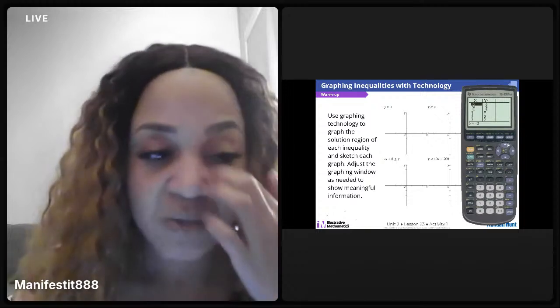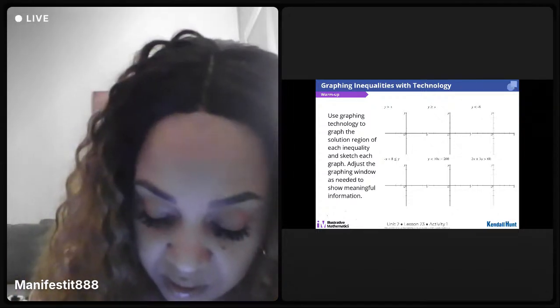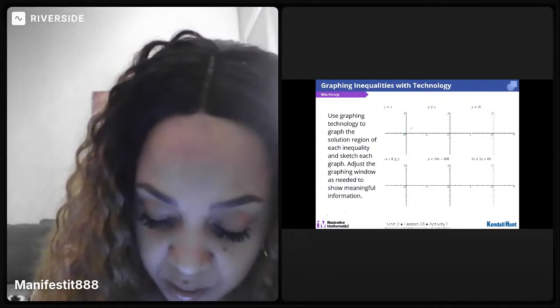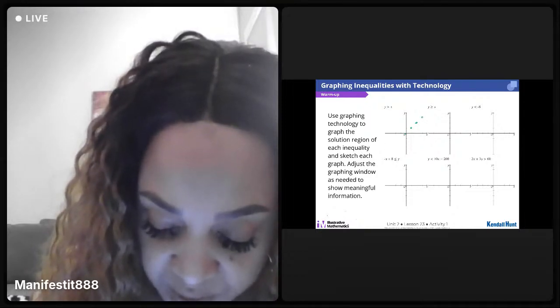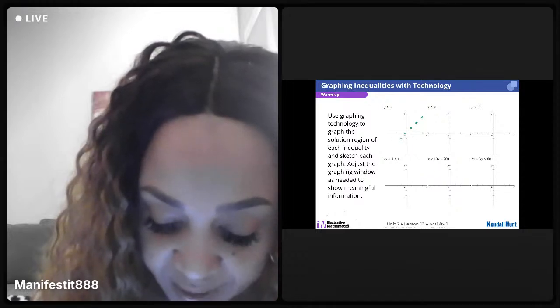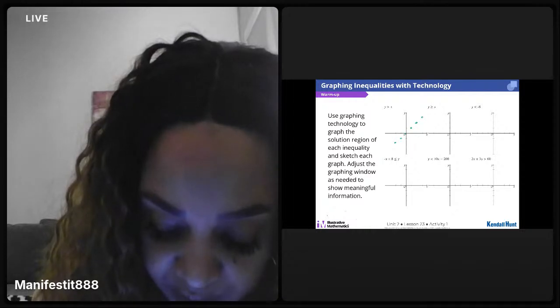As you can see, y is always equal to x, so we're just going to plot these points. 0, 0, 1, 1, 2, 2, 3, 3. Then I'm going to go backwards. -1, -1, -2, -2, -3, -3.